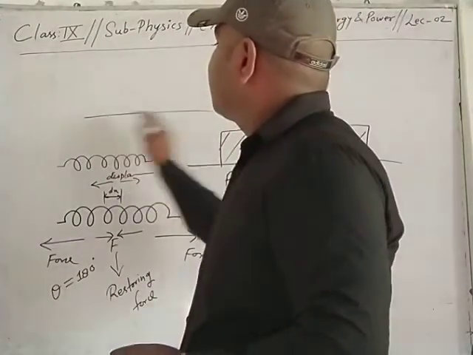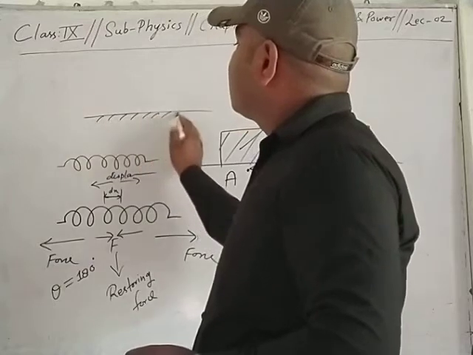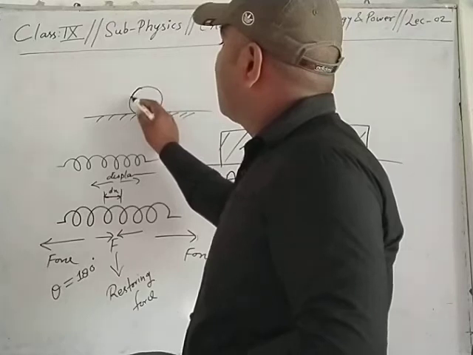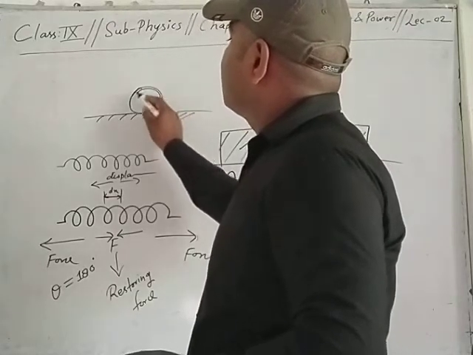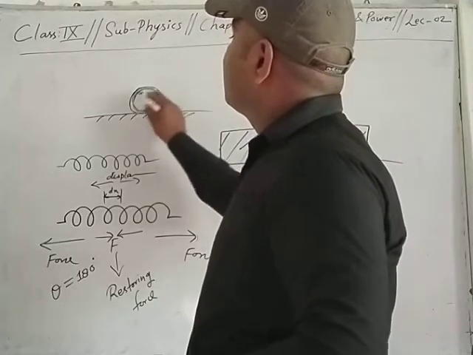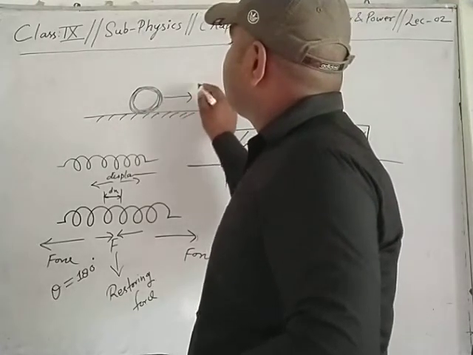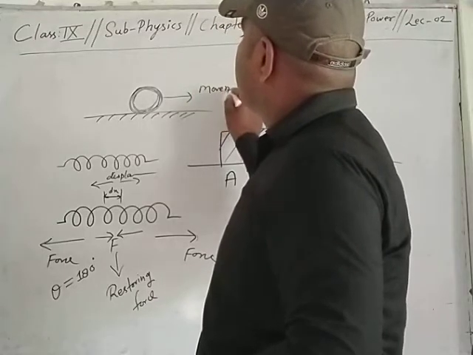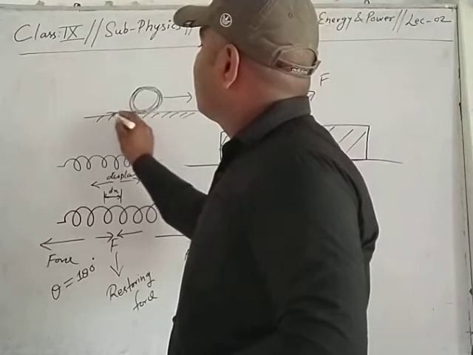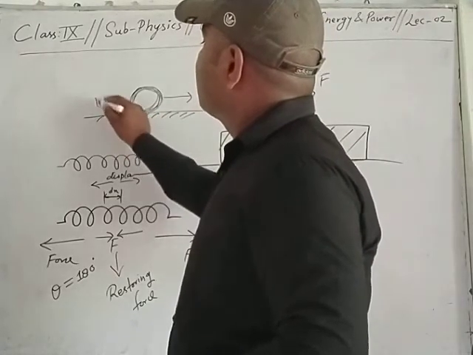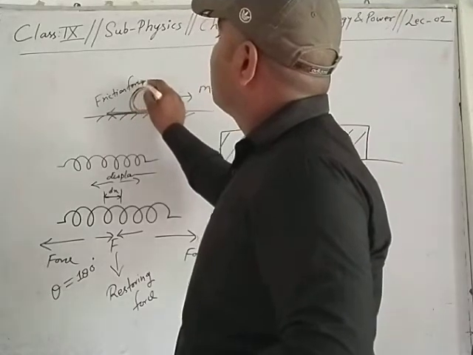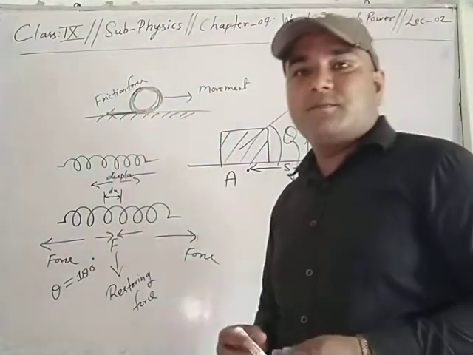This is the surface, and a body is rolling on this surface in this direction of movement, but the friction force is just opposite to the direction of movement.